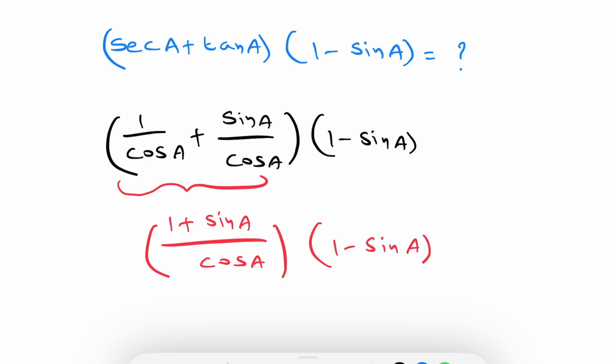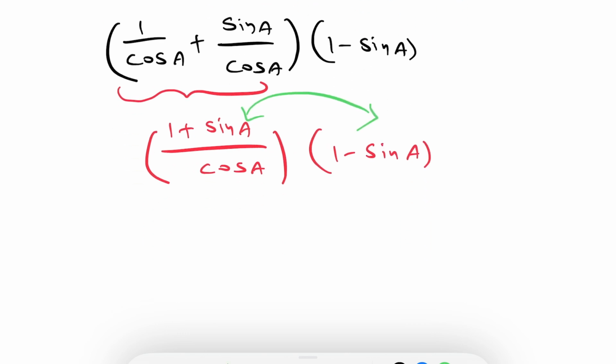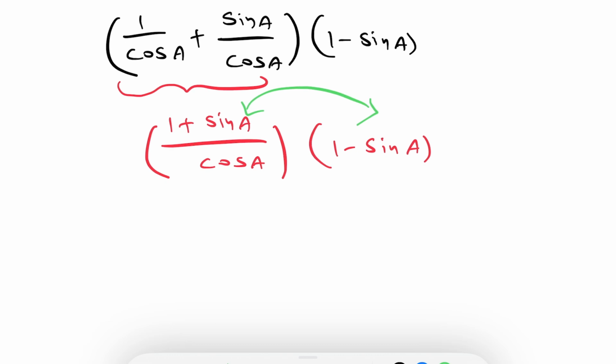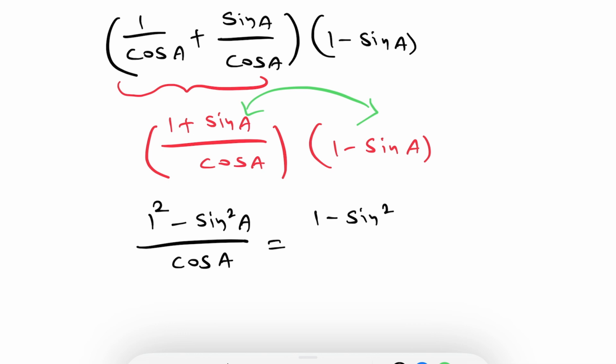as it is. Now if we observe this numerator and this part, these two, 1 plus sin a into 1 minus sin a, are in the form of a plus b into a minus b, right? So a plus b into a minus b is nothing but a square minus b square. So 1 plus sin a into 1 minus sin a can be written as 1 square minus sin square a, by the denominator as it is, equals 1 minus sin square a divided by cos a.